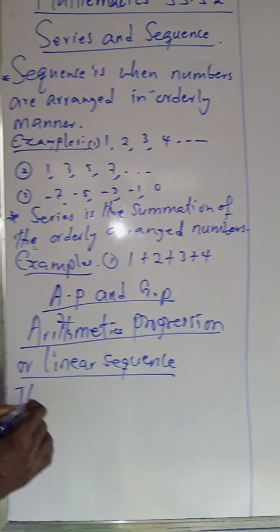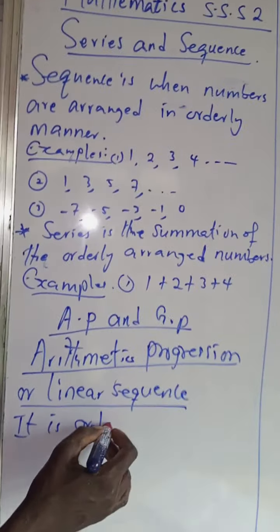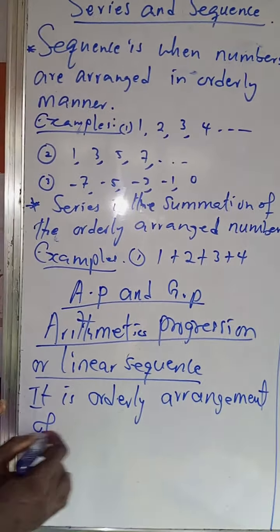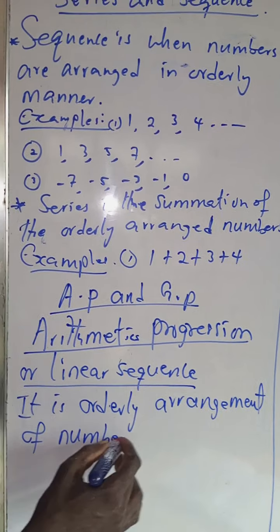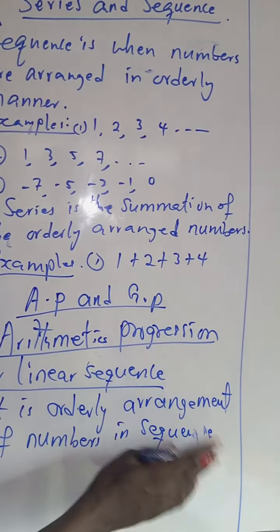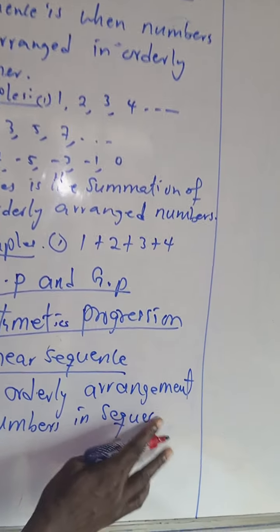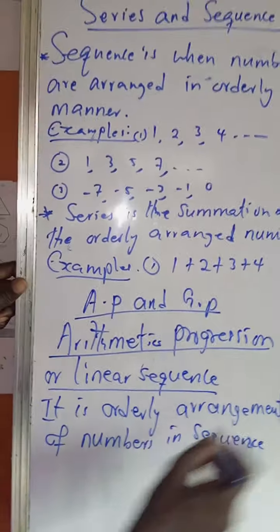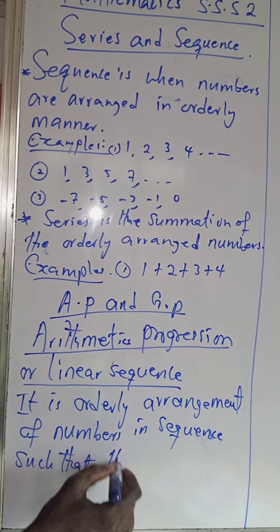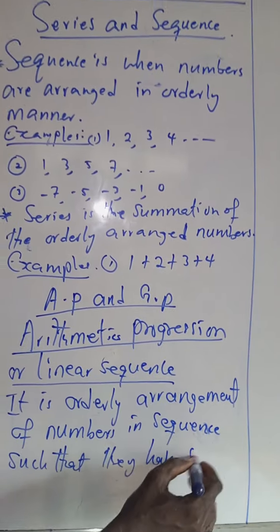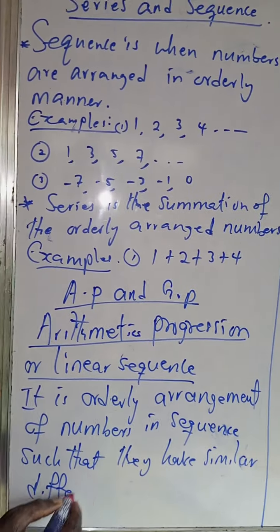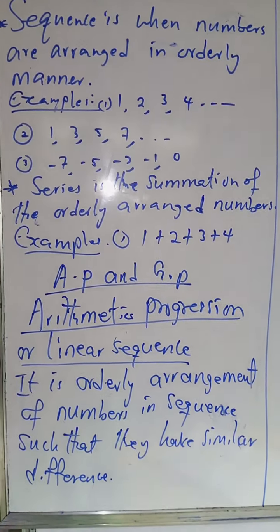It is an orderly arrangement of numbers in sequence such that they have a similar difference between them.